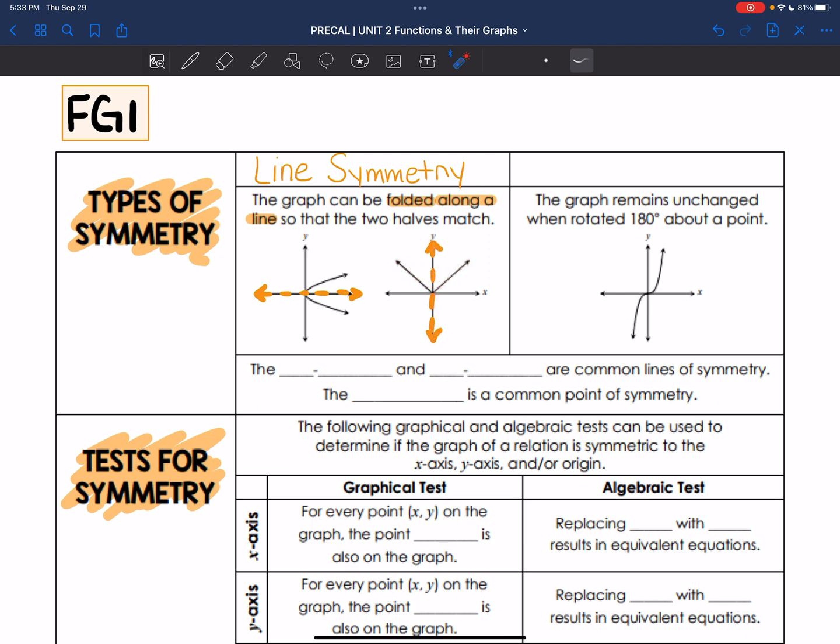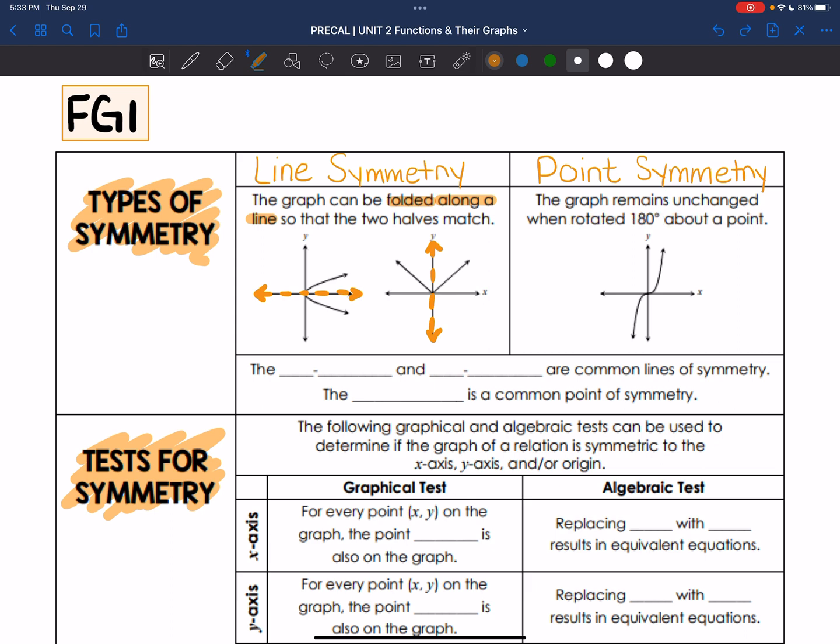There is another type of symmetry, and it is called point symmetry. In point symmetry, the graph remains unchanged when rotated 180 degrees about a point.